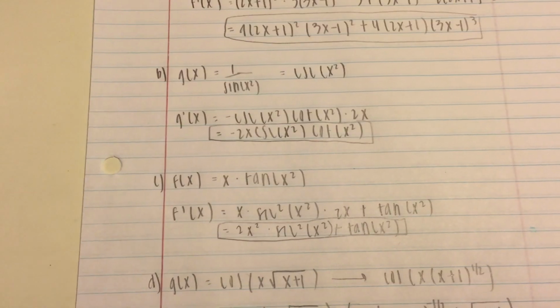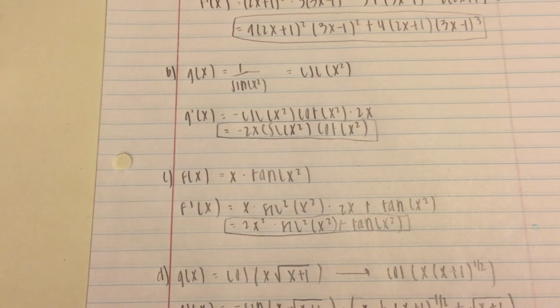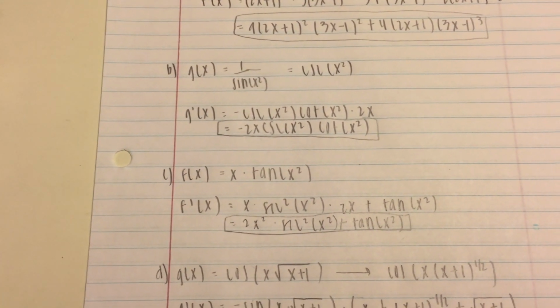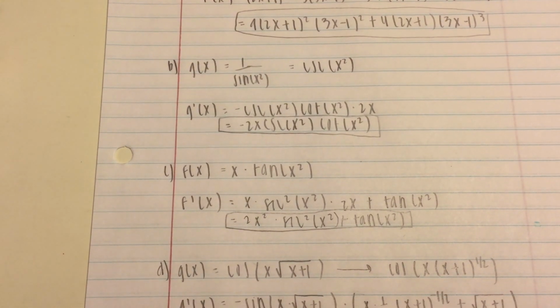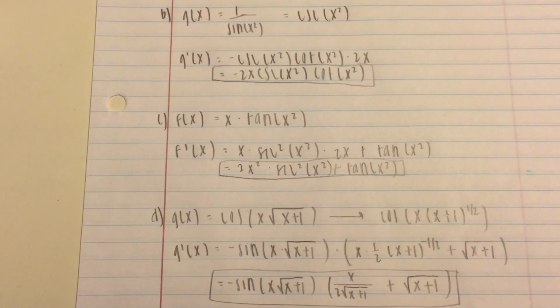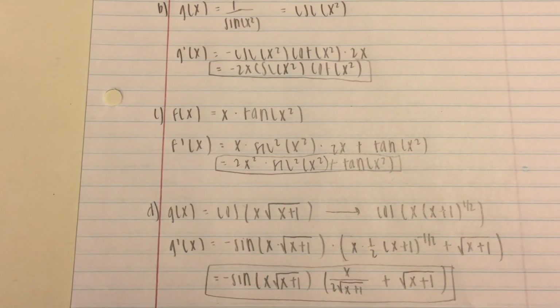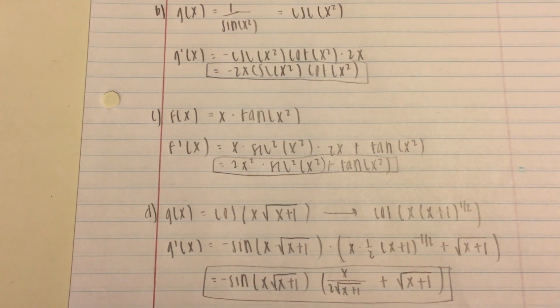Combining all of this, you get negative 2x cosecant of x squared times cotangent of x squared as the answer. Then for C, we have f of x equals x times tangent of x squared.